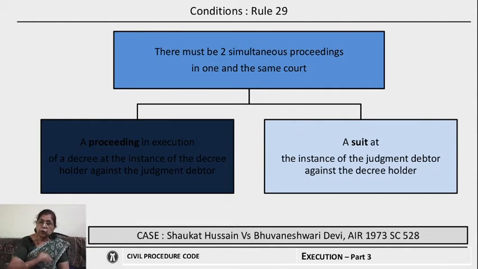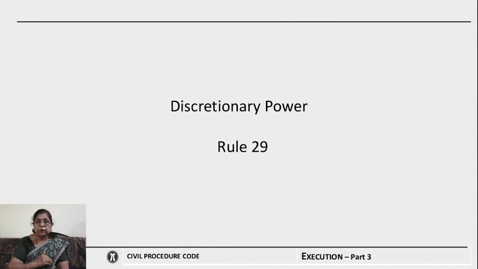So, in Shaukat Hussain versus Bhuvaneshwari Devi, this has been clearly stated that these conditions should be fulfilled. That means, there should be two simultaneous proceedings, it should be in one and the same court, and there should be one execution proceeding and also a suit. There the court has a power to look into this matter and grant a stay of execution.